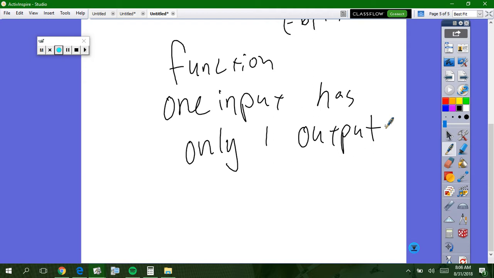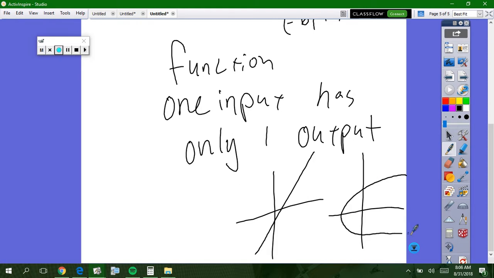Okay. So if we look at these two graphs that we just graphed, one looked like such, correct? And one looked like such. One of them is a function and one of them is not. If you recall, how can I tell whether they are a function or not?